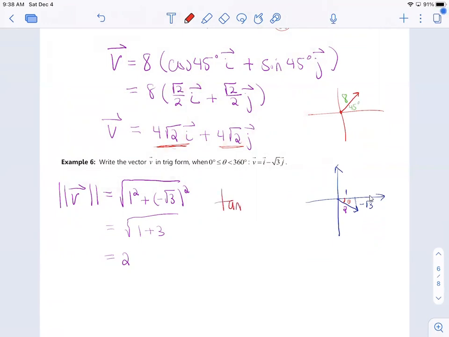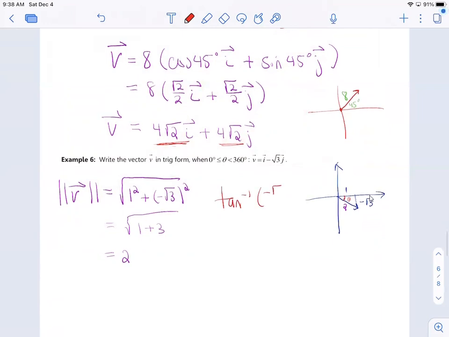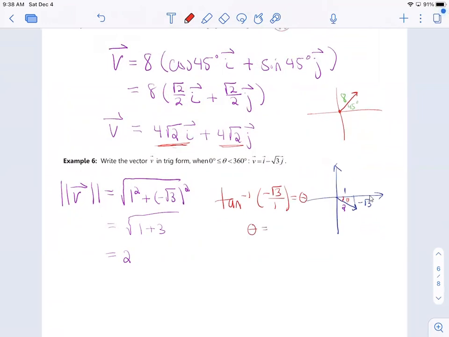So inverse tangent of opposite over adjacent. Now that is on your unit circle, okay? If you go to your calculator, remember inverse tangent is only defined from here to here. But we're just using inverse tangent to help us get there.